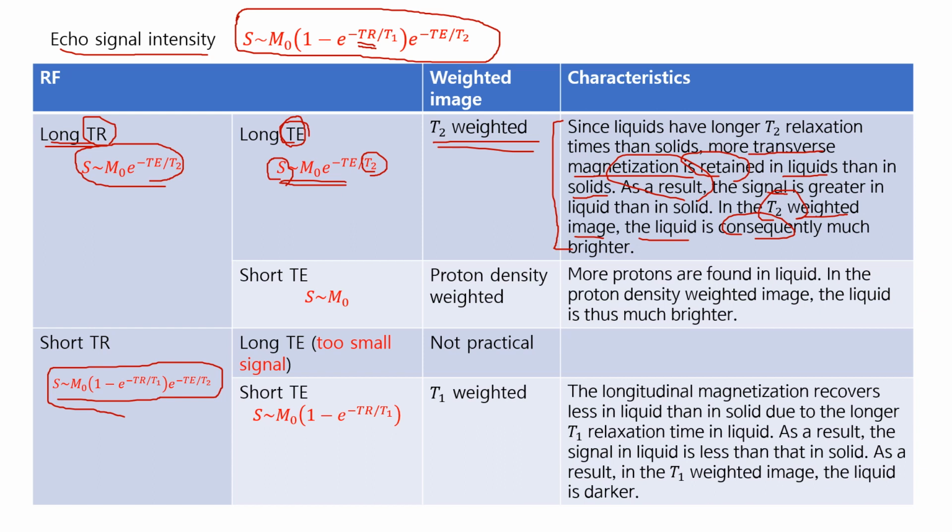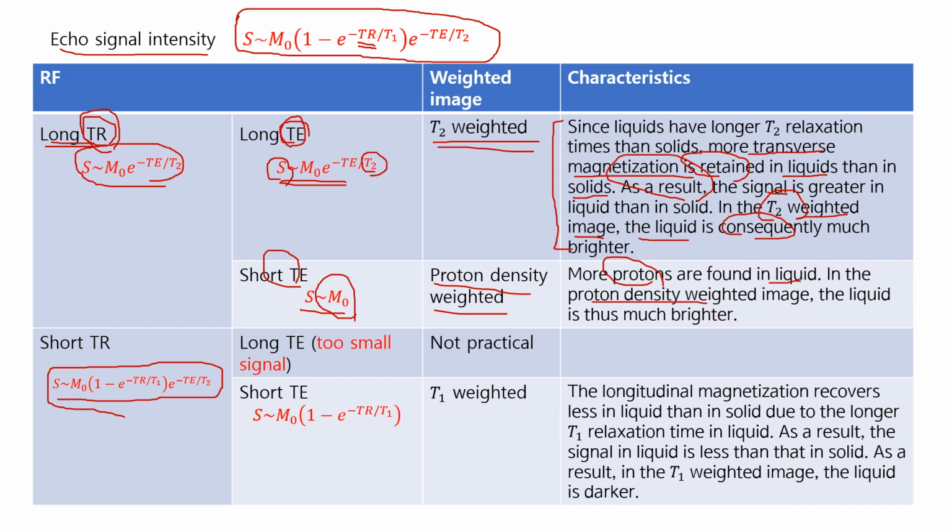Next, long TR and short TE, we have signal intensity just given by M0, the proton density. So we have, in this case, a proton density weighted image. More protons are found in liquid.